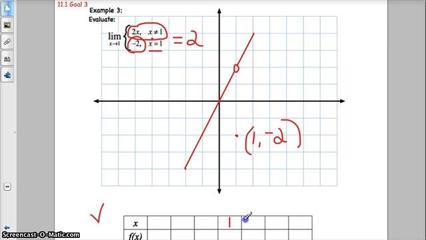Remember, we add a thousandth to the right, a hundredth, and a tenth. And then on the left-hand side, we subtract a thousandth, and we subtract a hundredth, and a tenth. And let's let the table on our calculator do the calculations for us.